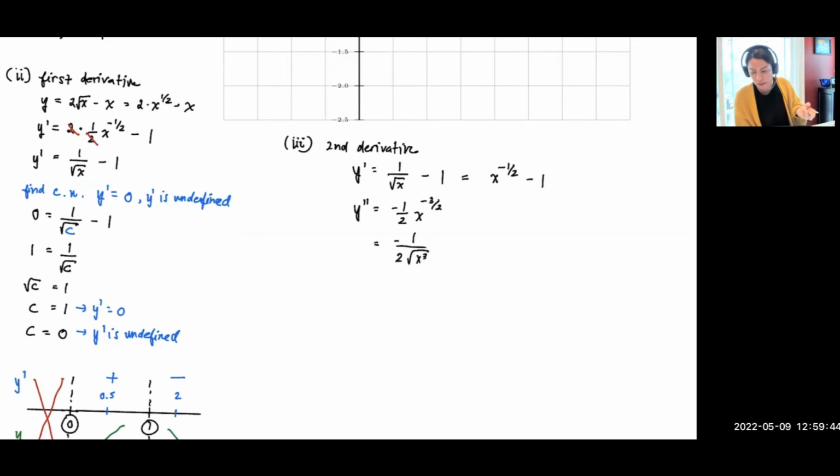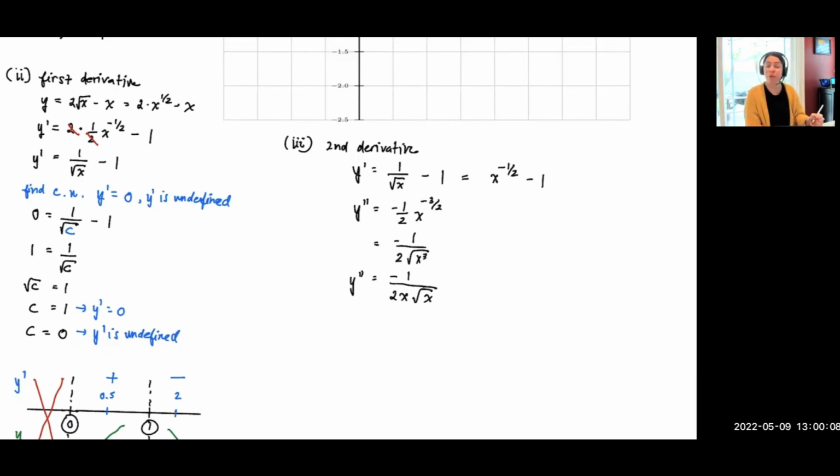And if I wanted to be a little more fancy, I could have negative 1 over 2, and then x cubed, don't forget, is x squared times x. So the square root of x squared, I can take out an x. Okay, so that's the second derivative.